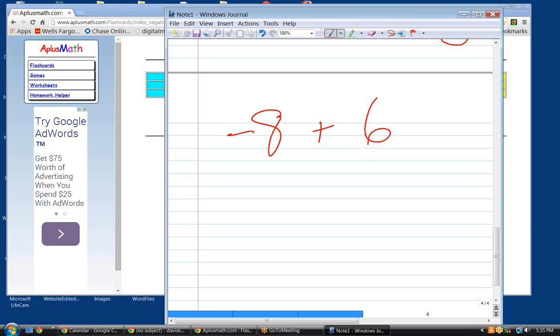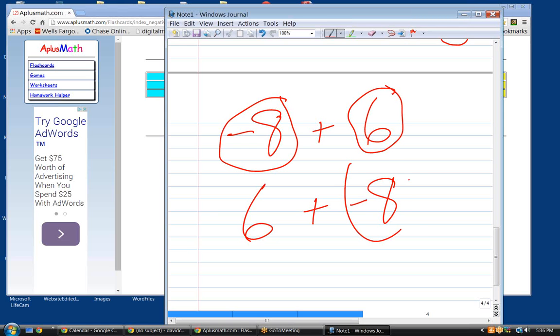So just remember the following thing. When you're adding a negative number to a positive number, it doesn't matter the order they're in. This is the same problem. Subtract the two numbers and put the sign of the bigger number. If I subtract the two numbers, I get 2 in both cases.